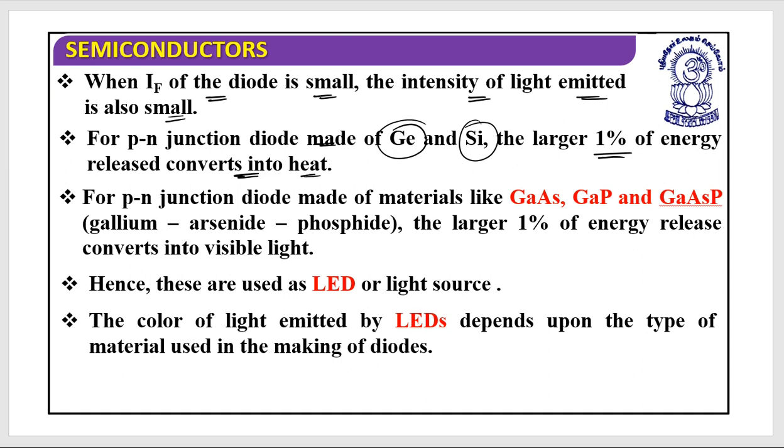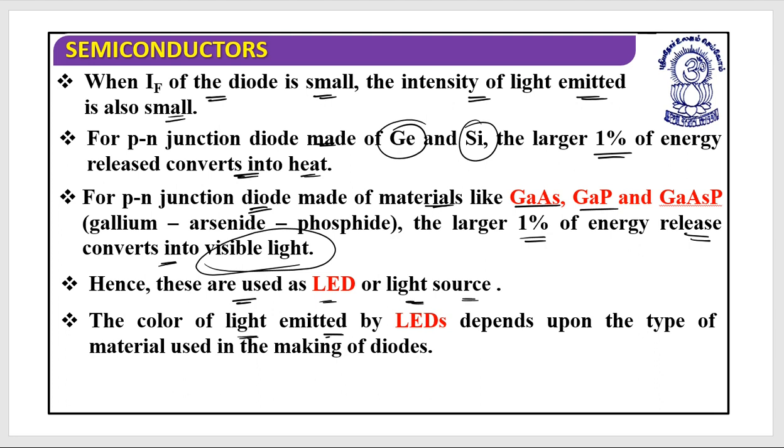So now we use PN junction diodes made of materials like gallium arsenide or gallium phosphide, where the larger part of the energy released is converted into visible light. So when they dissipate their energy in the form of light, that is our requirement. Hence these are used as light emitting diodes, or light sources.